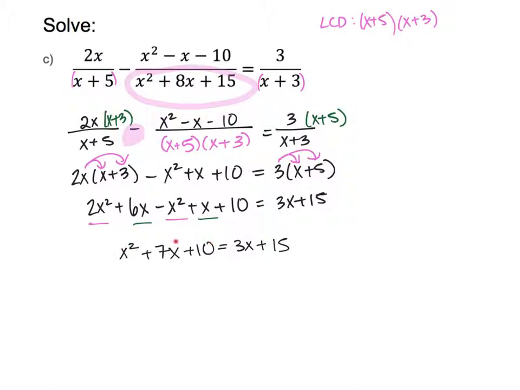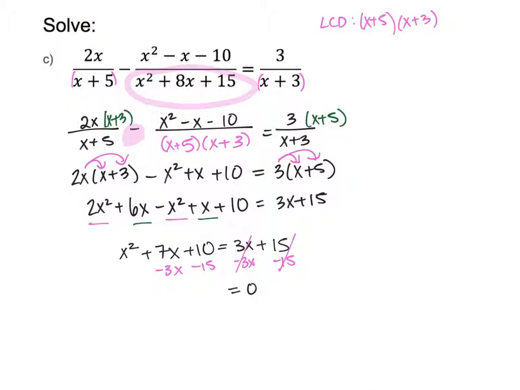Moving all of this stuff to that side or just this stuff to this side? Well, it's going to be this side moving to this side because there's only 2 terms. So I'm going to subtract off a 3x from that 7x, and I'm going to subtract off a 15 from the 10, because that allows me to cancel out the right side so that the right side is now 0.